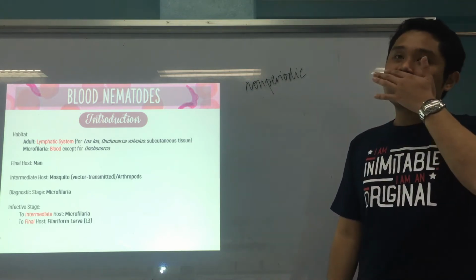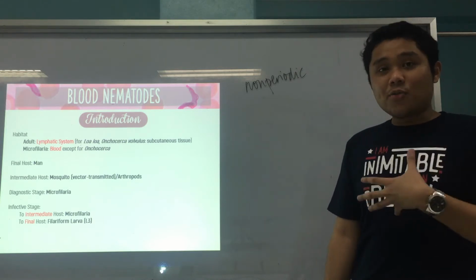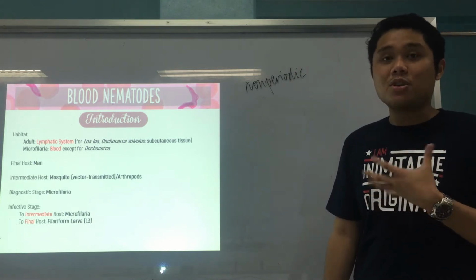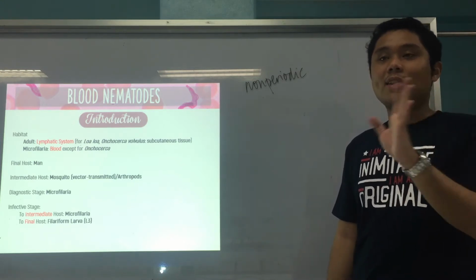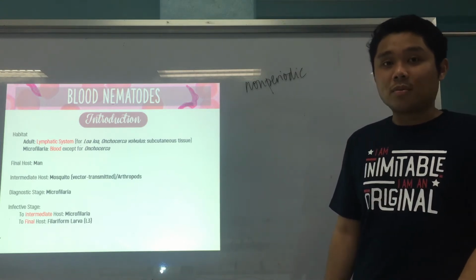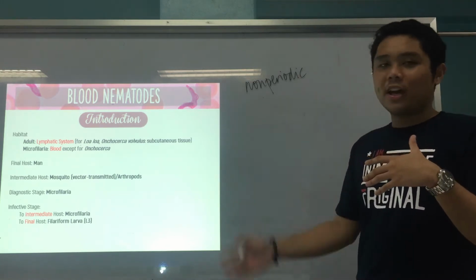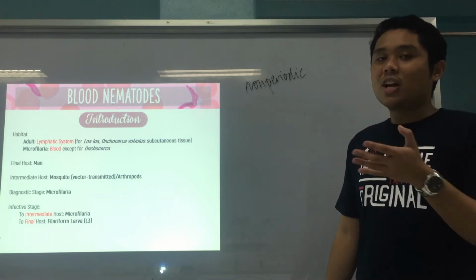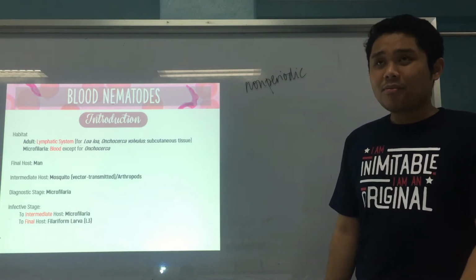In the body of the mosquitoes or arthropods, the Microfilaria they ingest from humans will transform into filariform larva and then into adult filarial worms. Later we'll look into the life cycle, which is generally the same for all species of filarial worms.